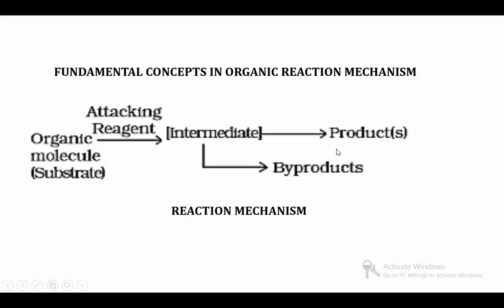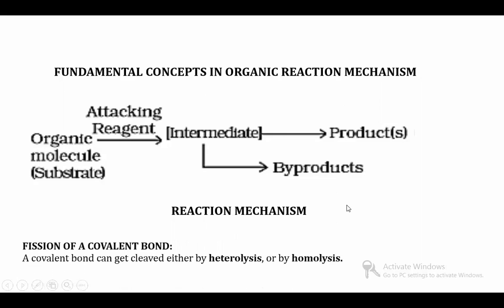This is reaction mechanism: how the covalent bond will break and how the mechanism takes place. We said that an intermediate, the transition state, forms with the formation of the product. How does the intermediate form? The covalent bond is cleaved in two ways.